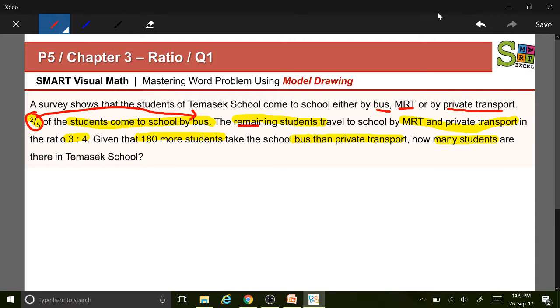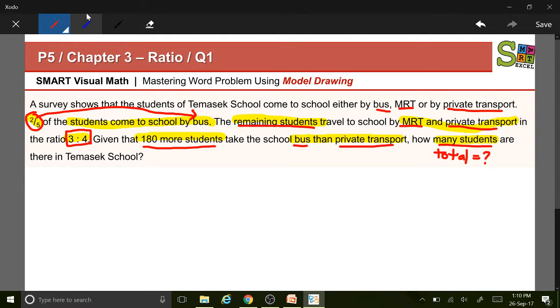The remaining students travel by either MRT or private transport, with the ratio 3:4. Given that 180 more students take the bus than private transport, how many students do they have there? Meaning they ask for the total number of students in Temasek School.